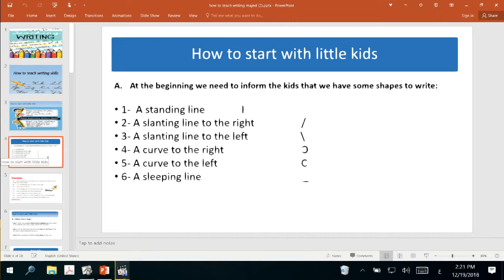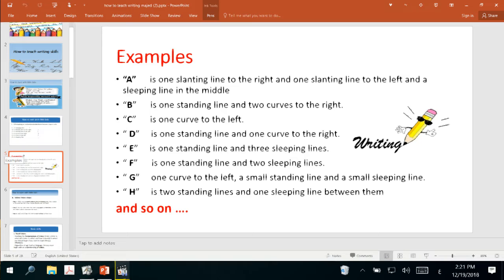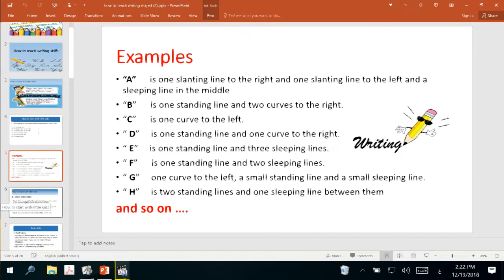After that, the final step is to ask students to start writing. And of course, to start with, we are talking about letters, to start writing the letters. So three steps. You write first, we are talking to the teachers, write first, and then have dots or faint lines to follow. After that, you can ask students or children to write the letters.